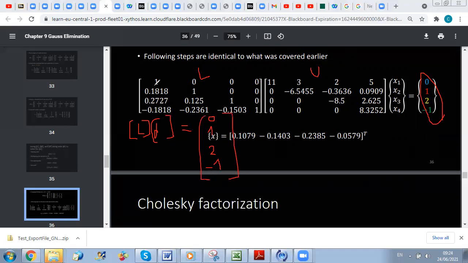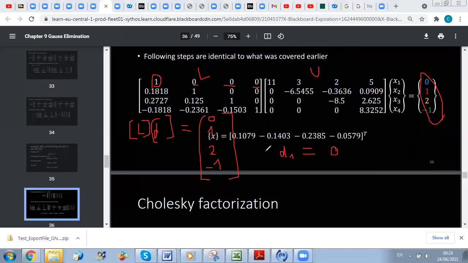So I will start with 1 times D1 equals to 0. Sorry, 1 times D1 equals to 0. Okay, so D1 plus 0 D2, 0 D3, 0 D4. This form of the matrix is what makes you do forward substitution. So the first equation will be 1 times D1 equals to 0.